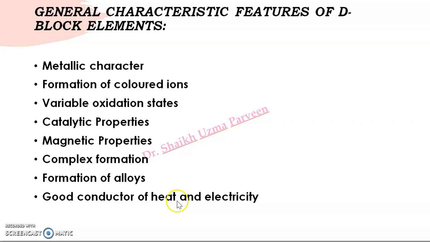Because of these two reasons they form stable coordination compounds. Also because of the presence of vacant n-1 d orbitals of appropriate energy, which are capable of accepting the lone pair of electrons from the ligands for bonding with them.